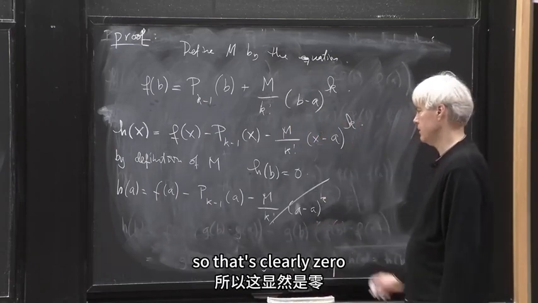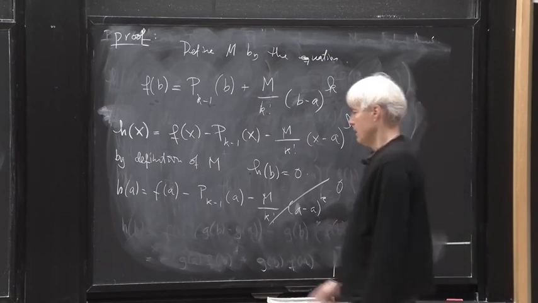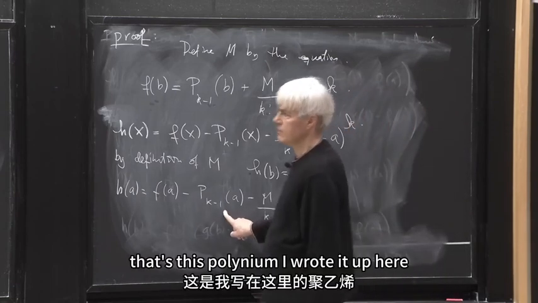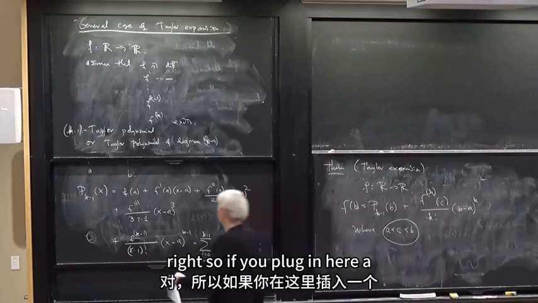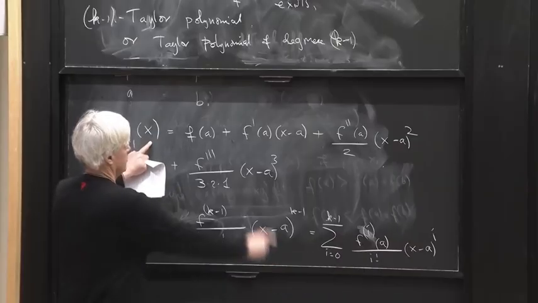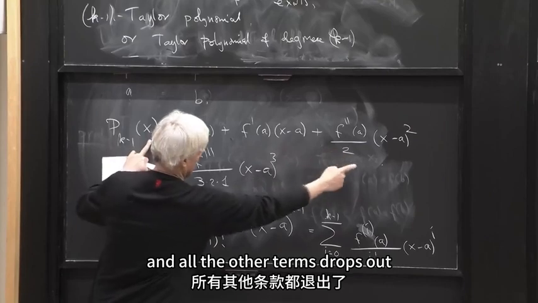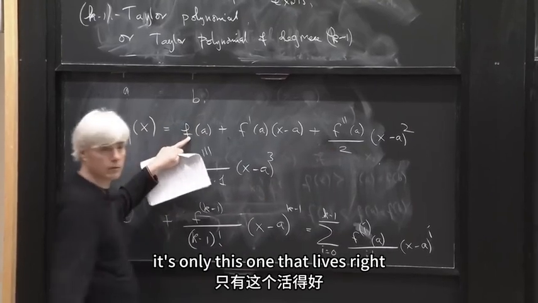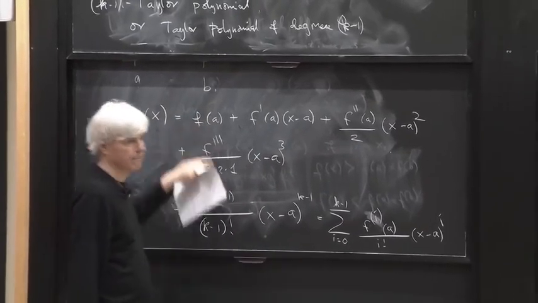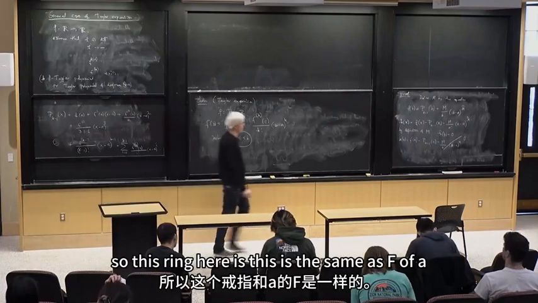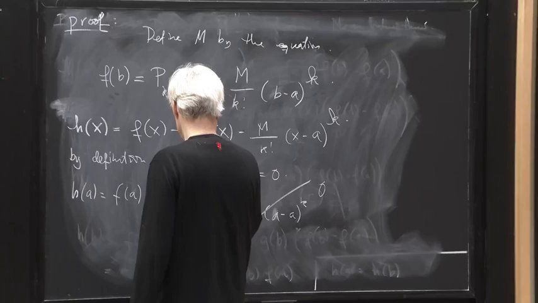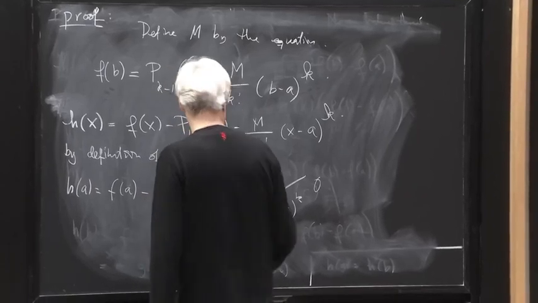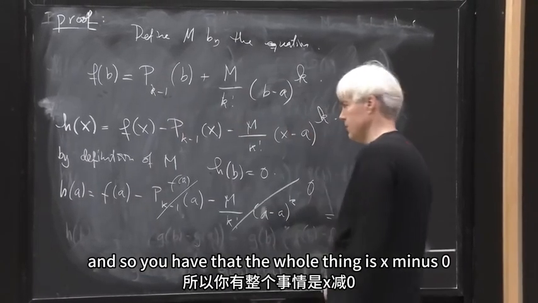And this thing here is this polynomial I wrote up here. If you plug in a, you see this term and all the other terms drop out. It's only this one that lives. So this is the same as f of a, and so the whole thing is actually 0.